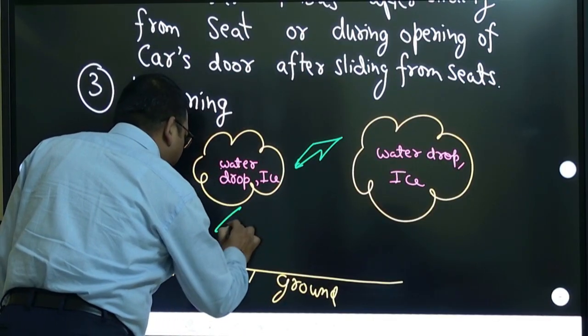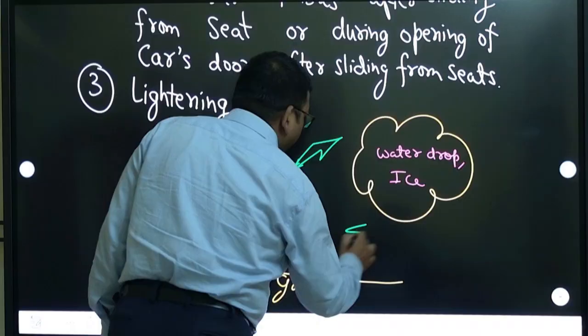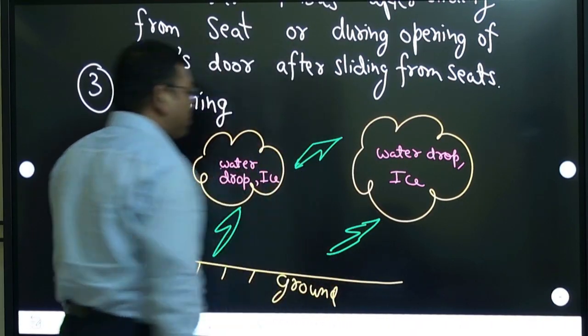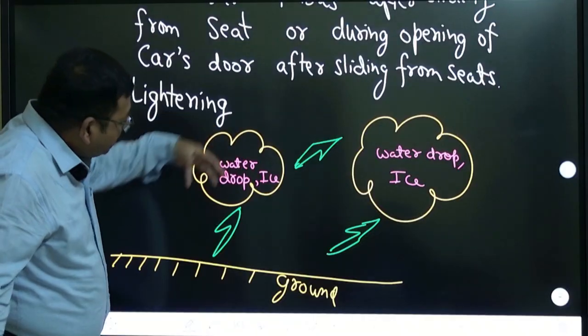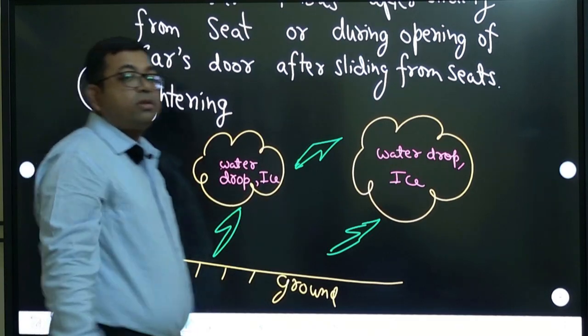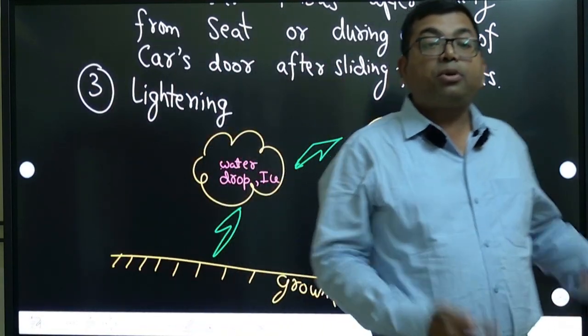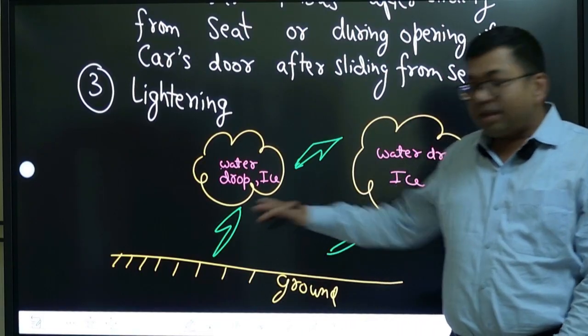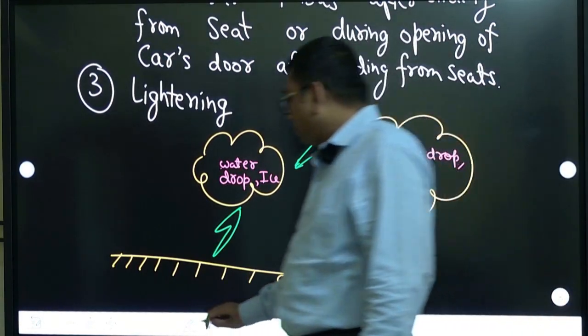Similarly, potential difference can establish between here, and potential difference can establish between that. So potential difference can exist between two clouds, between the clouds and the ground, right? And due to very high potential difference, now air is there in between, right? We have air in between.